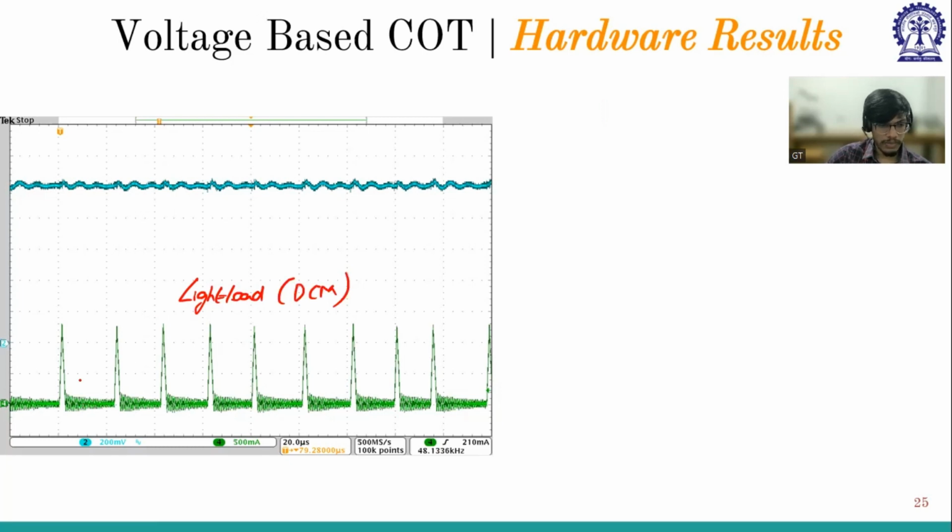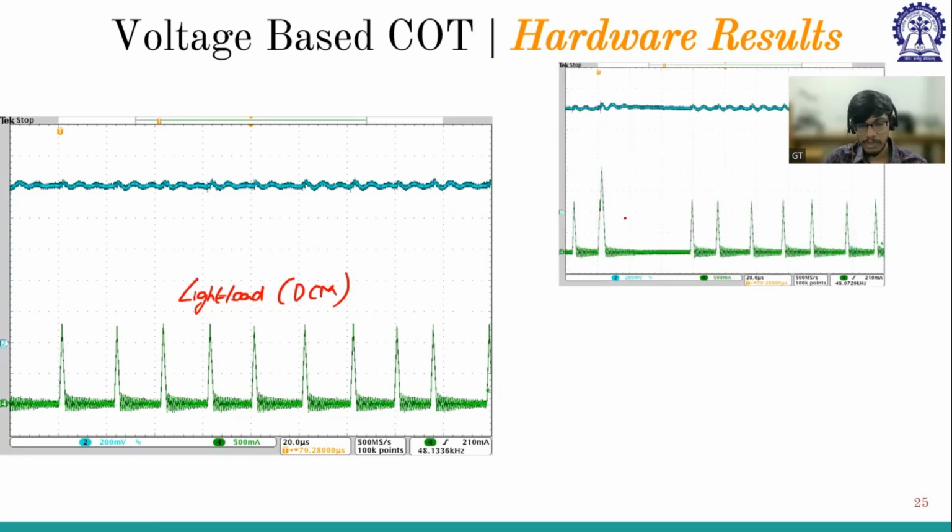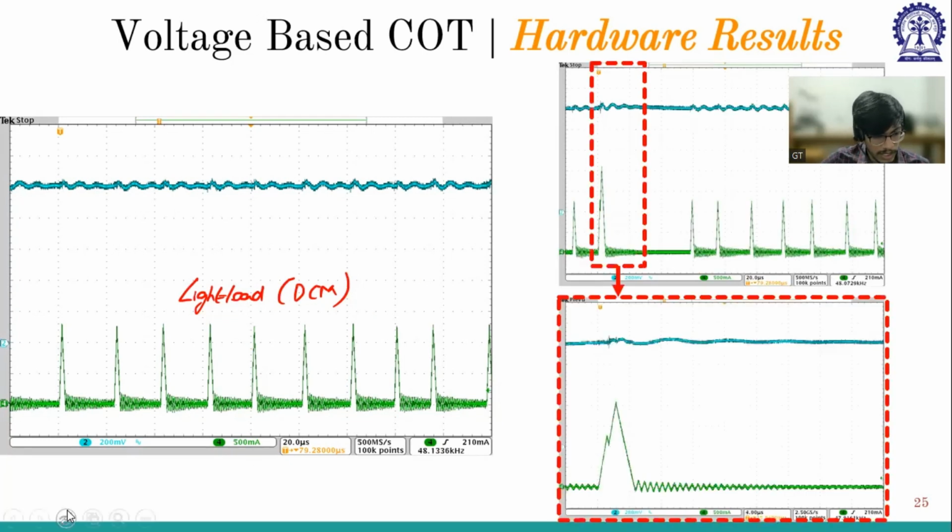So this is one such scenario, and at some point of time, sir has observed this behavior. This is T on, and this is T off minimum, and this is T on. So after T on, minimum off time has happened, and the V output is still less than V reference.